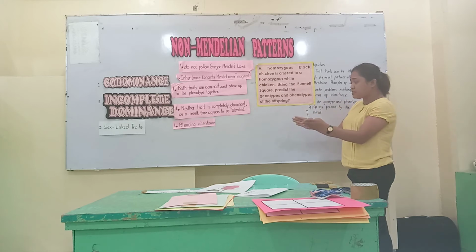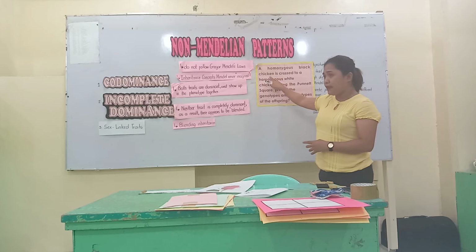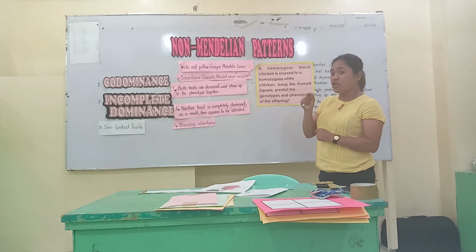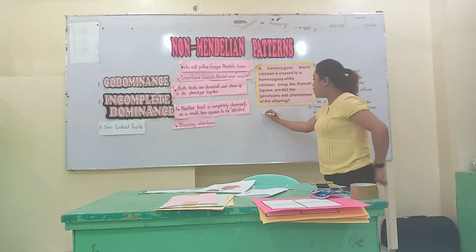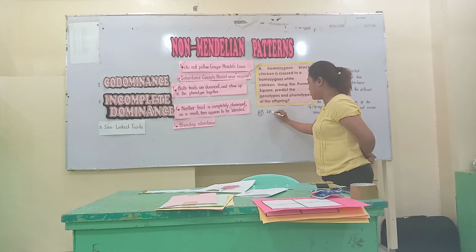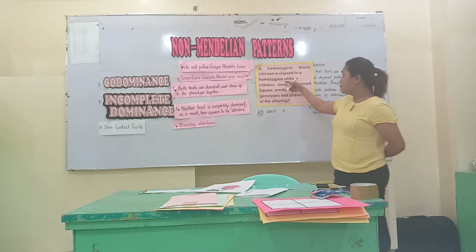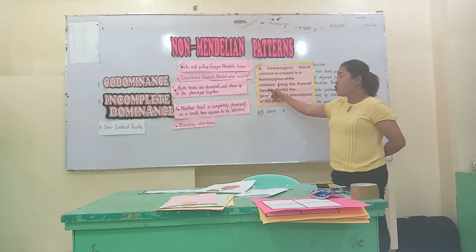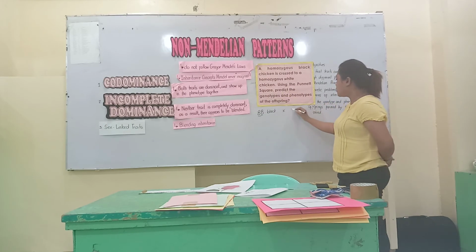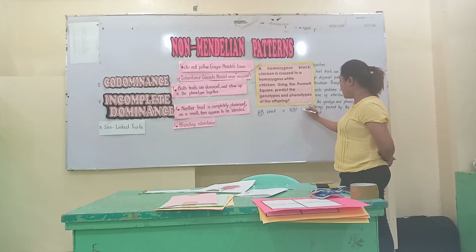Let us just say nga ato ang homozygous black chicken, ingon ani ang iyahang genotype, black man, so mogamit na lang ta og big letters B for black. Gicross siya sa homozygous pod nga white chicken. So ibutang nato nga atong gamiton nga genotype is big letters W, which is white.